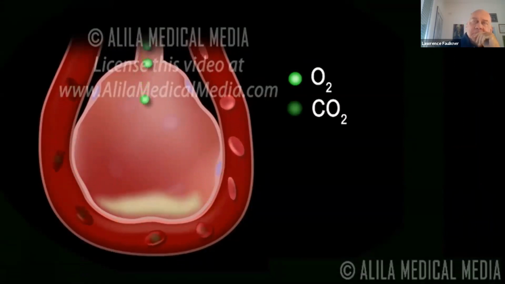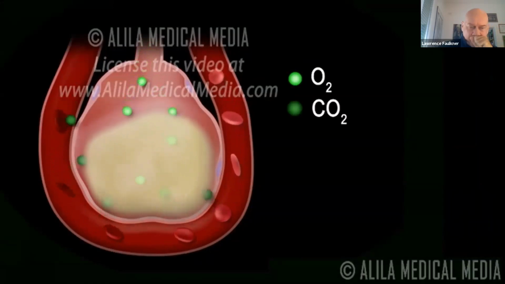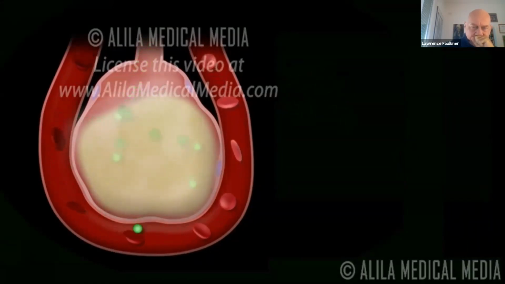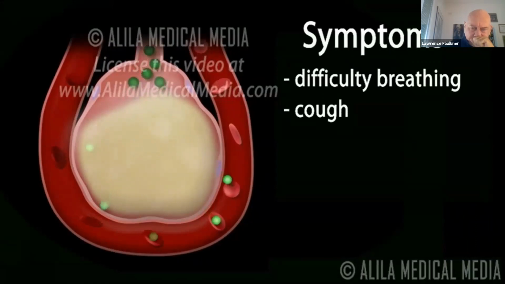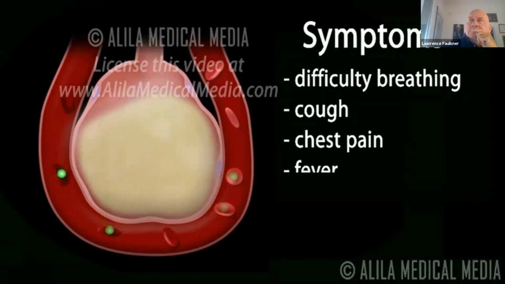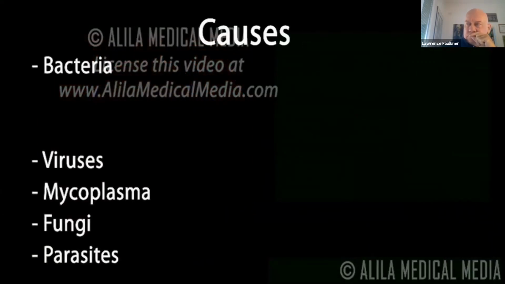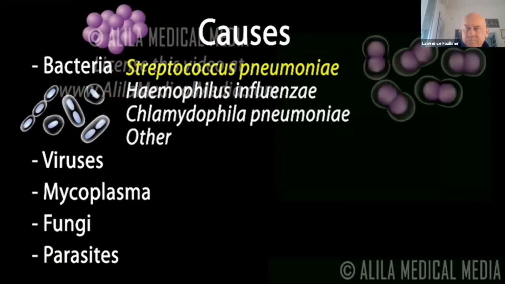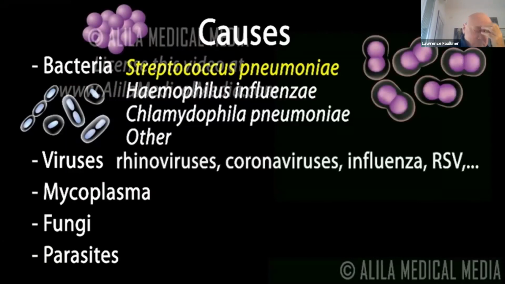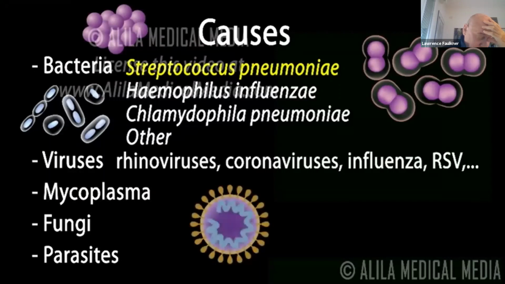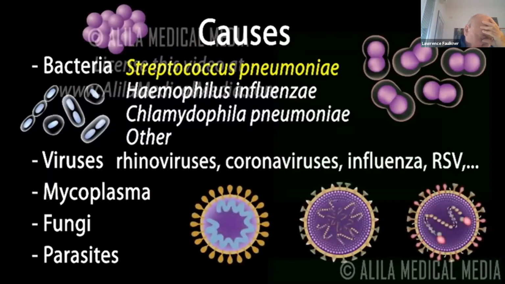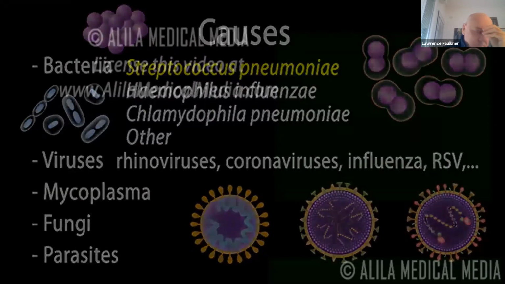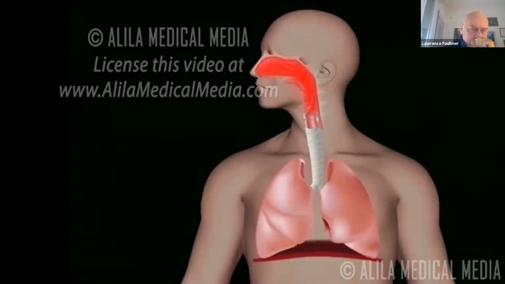In people with pneumonia, these air sacs are filled with fluid or pus, hindering the gas exchange process, resulting in difficulty breathing and a cough reflex. Other symptoms may include chest pain, fever, chills, and confusion. Pneumonia is not a single disease. A large number of various organisms can cause pneumonia. Bacterial pneumonia is the most common, with Streptococcus pneumoniae being the main culprit. Viral pneumonia is more common in young children. A variety of viruses are implicated, with each of them predominating in different times of the year. Pneumonia commonly starts as an infection of the upper respiratory tract, a cold or flu, which then spreads to the lungs.